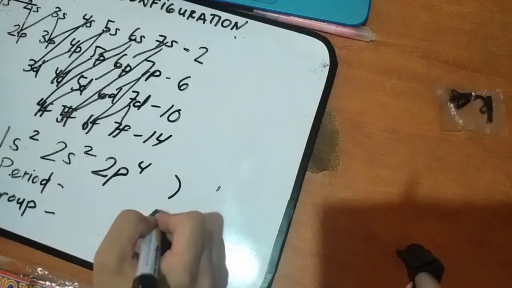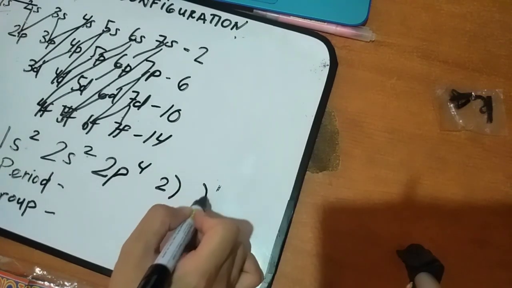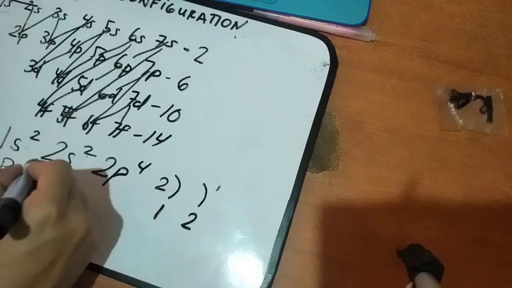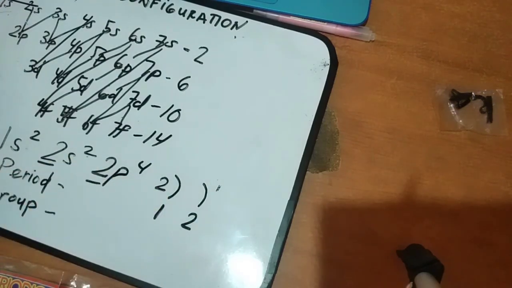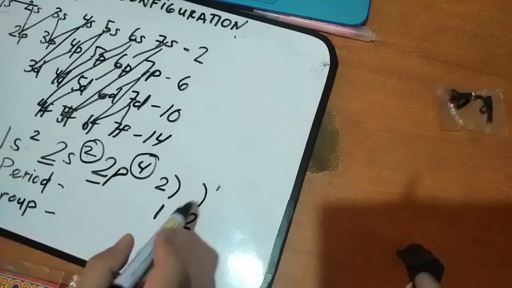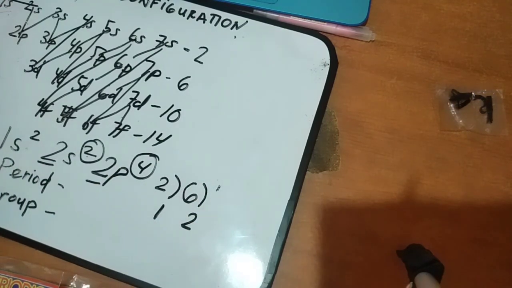Diba? So, sa first energy level, meron kang dalawa daw. Second energy level, kasi umabot ka sa 2. Okay? So, ilan yan? Ilang electrons meron? So, 2 plus 4 is 6. Okay?